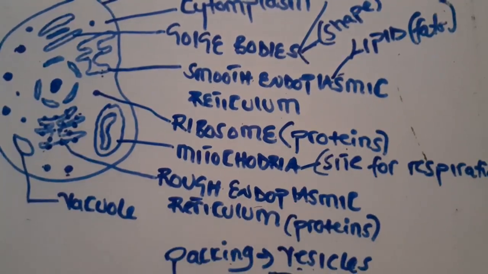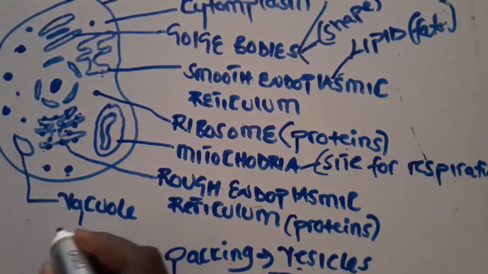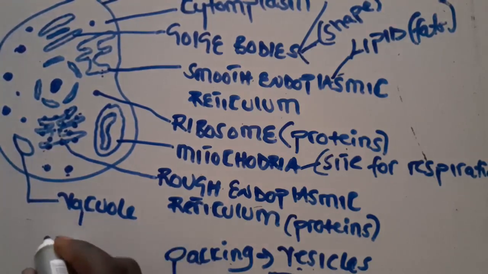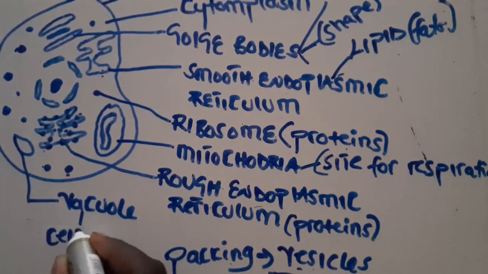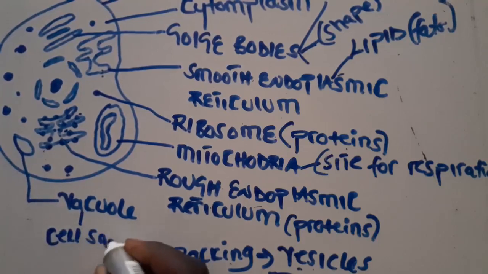Okay, so which part is remaining? The vacuole. The vacuole contains what is called a cell sap.